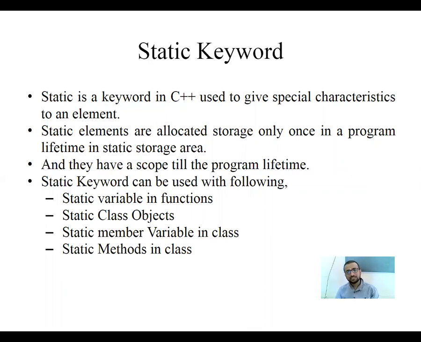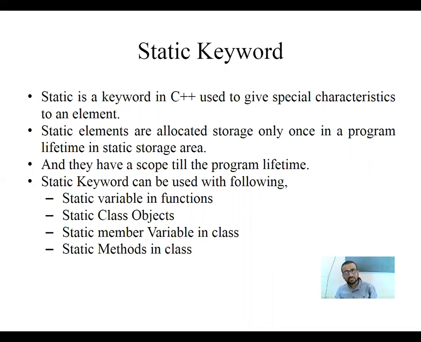This static keyword is nothing but a keyword that is used in our C++ programming language to give special characteristics to an element. That can be a variable, or a method, or a data member of your class, or a member function of your class.